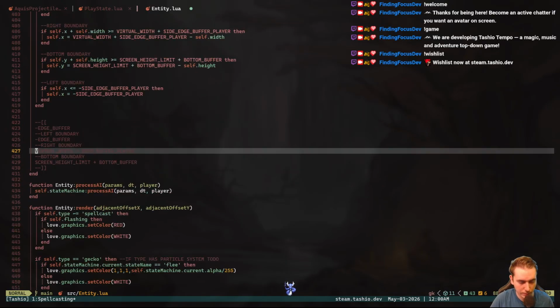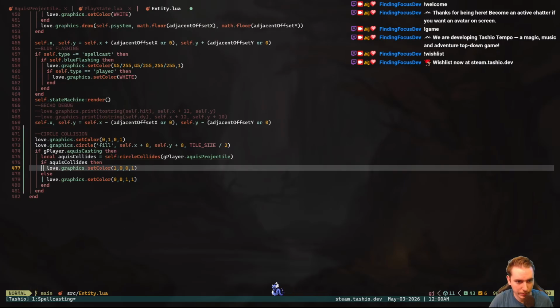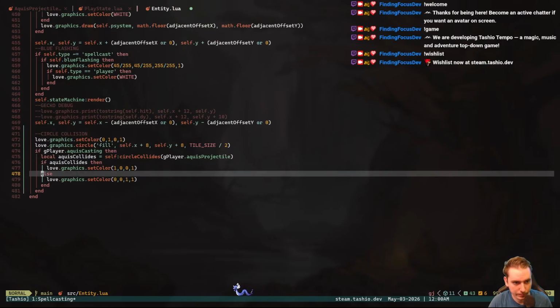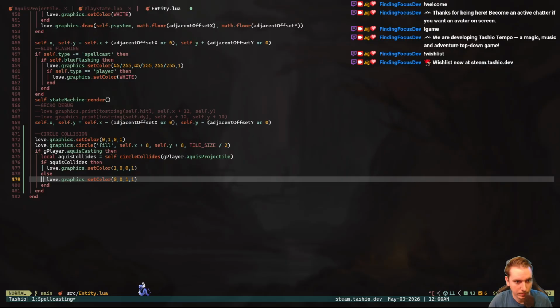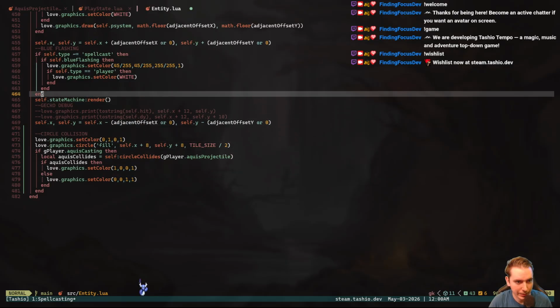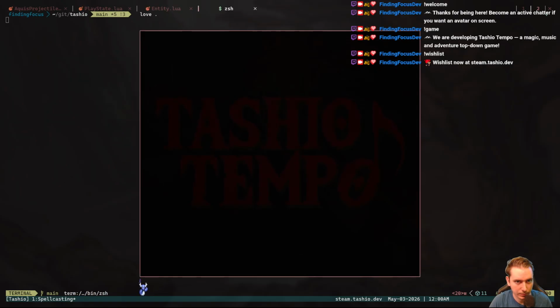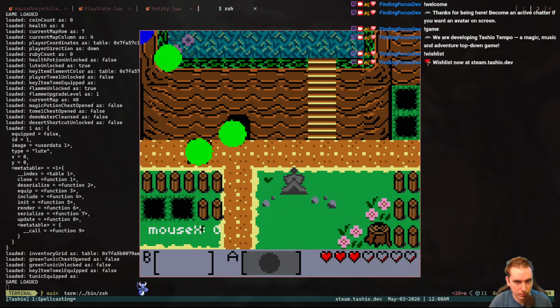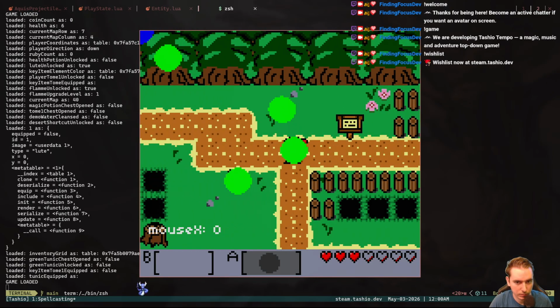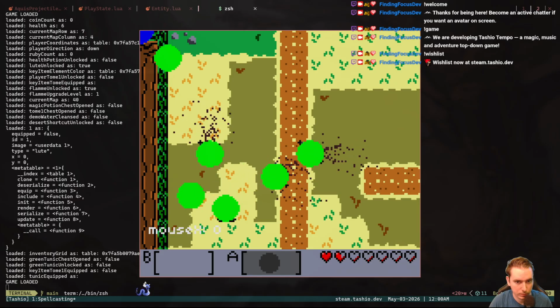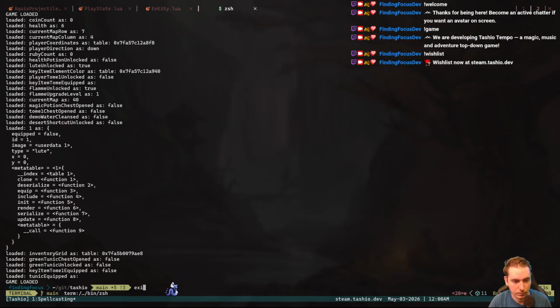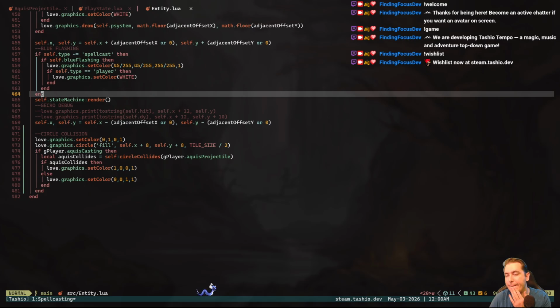Okay, if our aqueous collides, we're going to set our color to red. Otherwise, we're going to set it to blue. Okay, and this is an entity class.